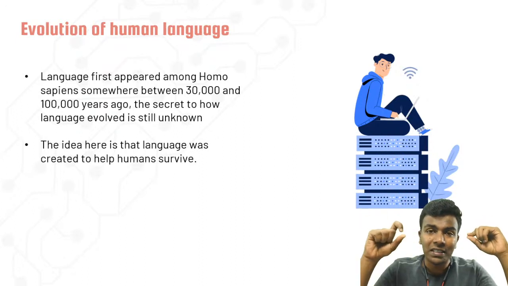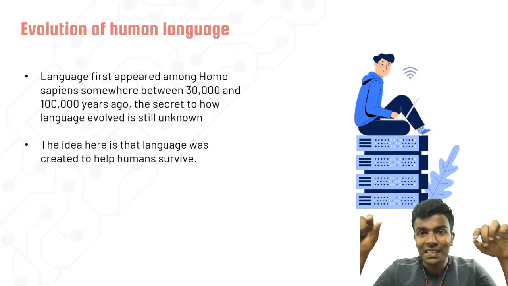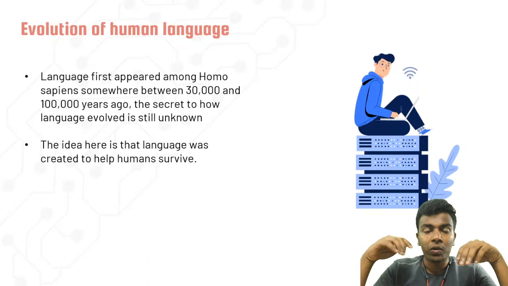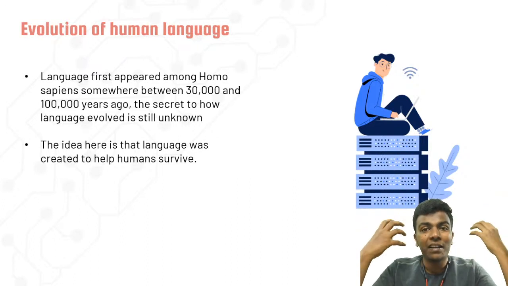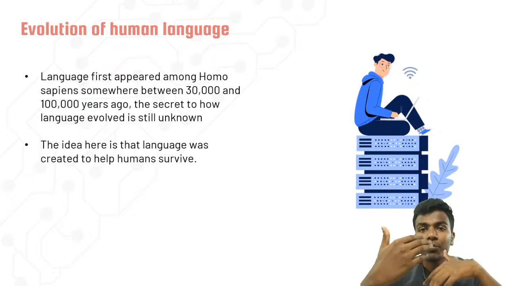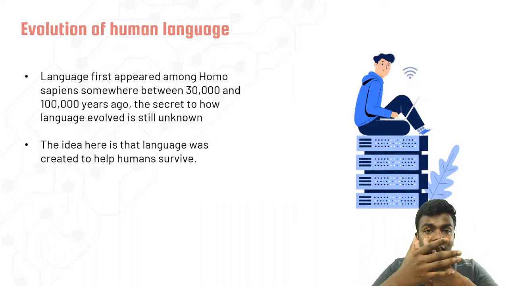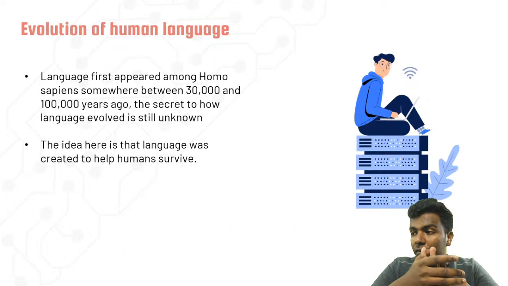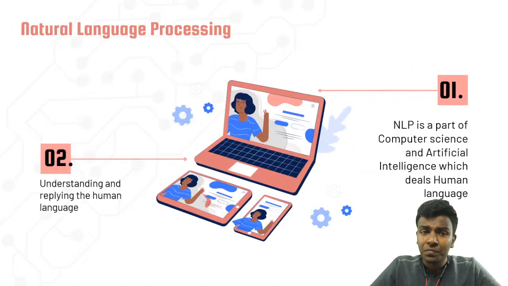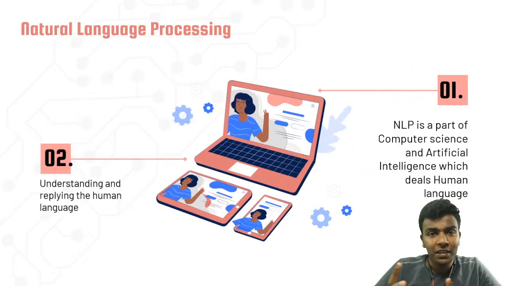We need to identify the meaning of the text I spoke to Siri or some voice assistant, find out the answer from the internet, and reply back. So these are the kinds of challenges.